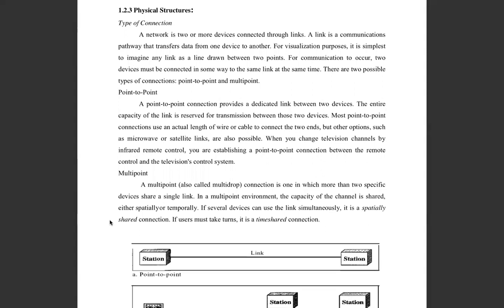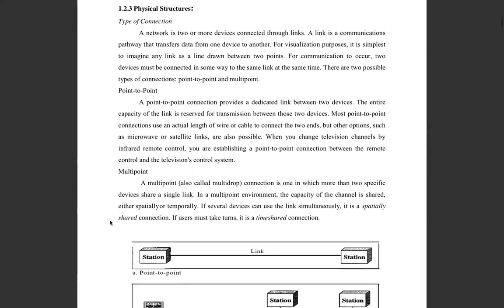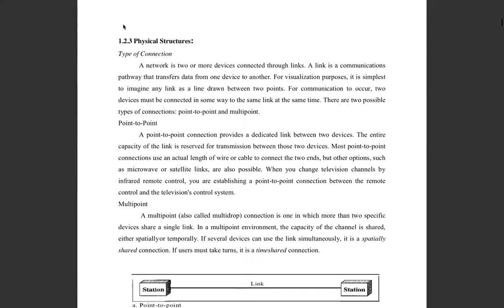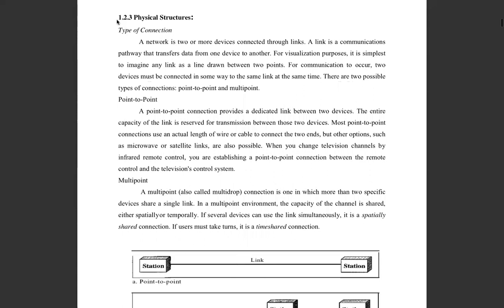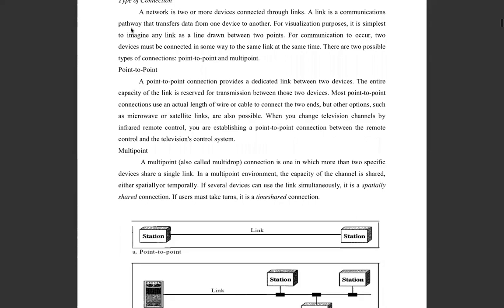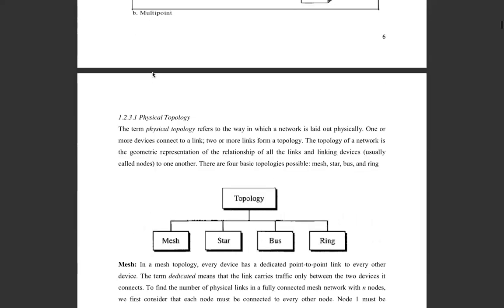Now, we have physical structures. I'll give you an assignment here. You are going to read about the physical structures, the types of connection. From point 1.2.3, that's the physical structures here.